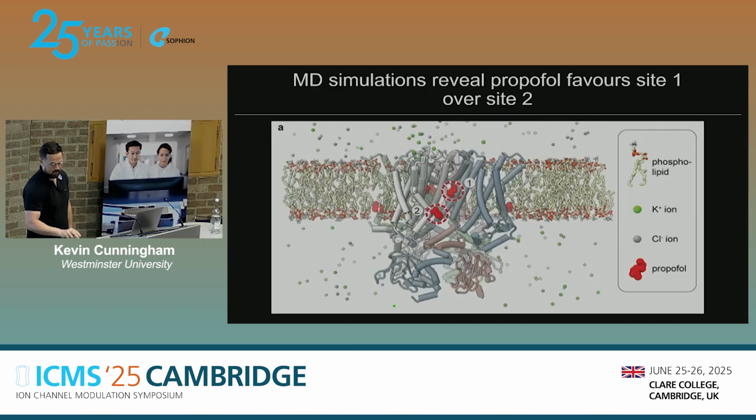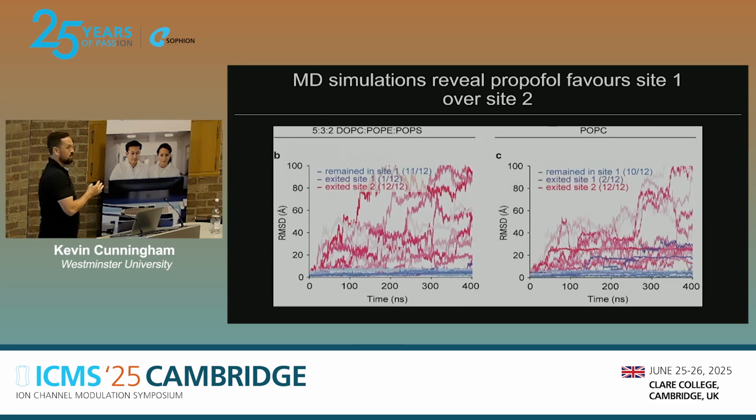So we did MD simulations with those 2 sites, and we ran this for 400 nanoseconds. And after some equilibration time, what we found is near enough all of them remained in Site 1, but they all left Site 2. So that was another step to saying, okay, it looks like it's favouring Site 1 over Site 2.